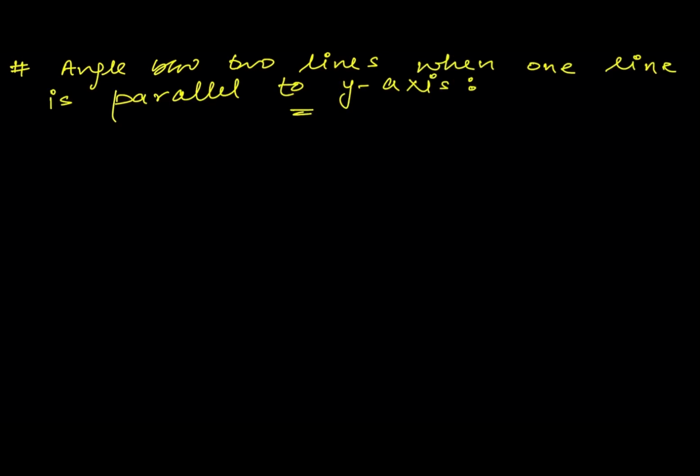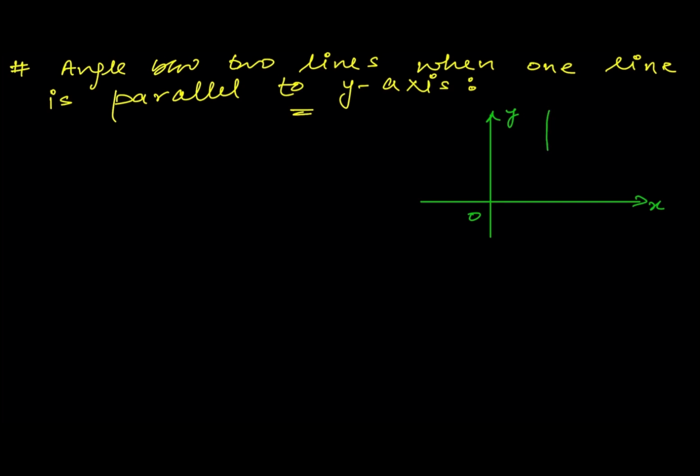So students, make the heading: angle between two lines when one line is parallel to the y-axis. Let us draw its figure first. Now we have to find the angle between the lines when one line is parallel to the y-axis.